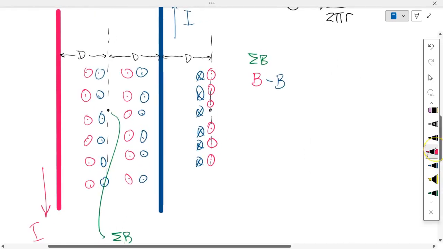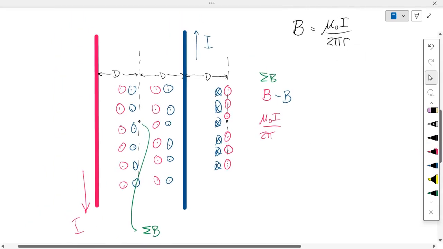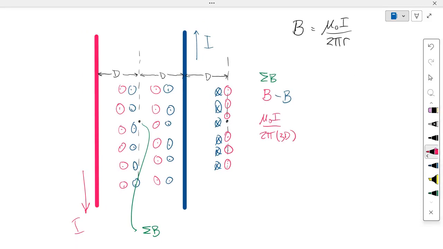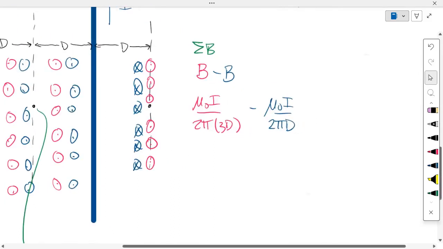All right, so now this B is mu naught I over 2 pi r. Well, how far from this wire is this point? 3d. Minus mu naught I over 2 pi d.